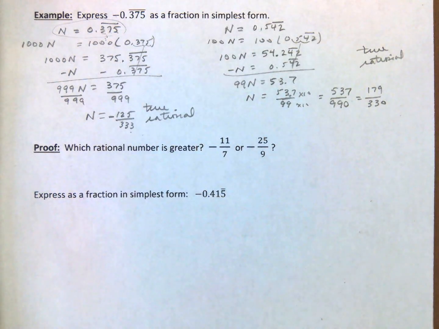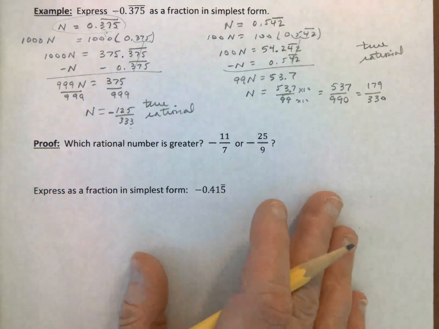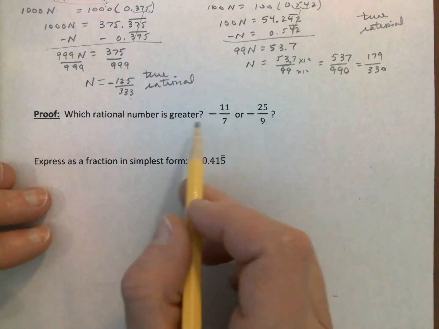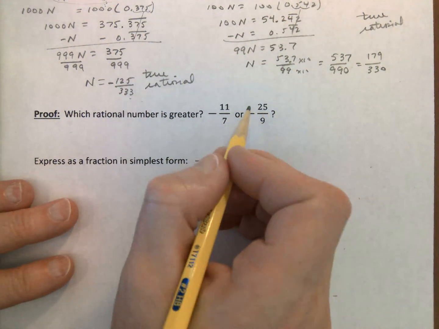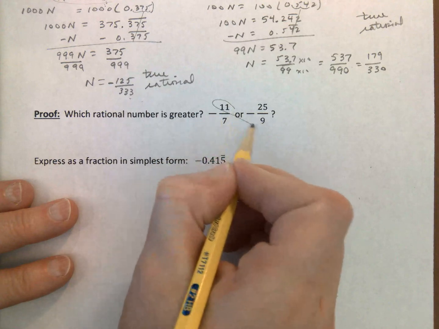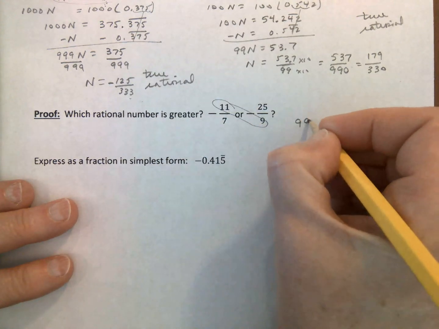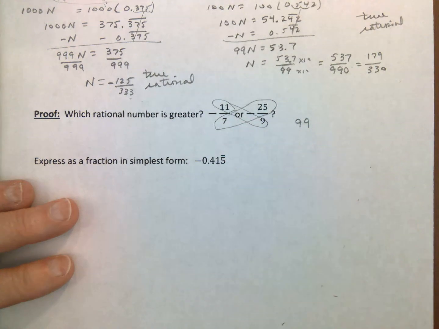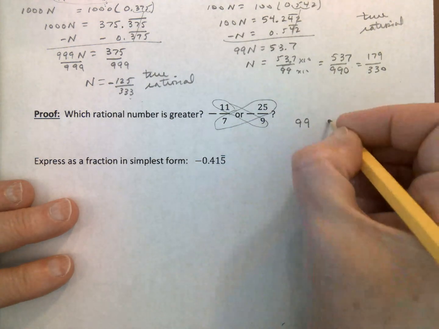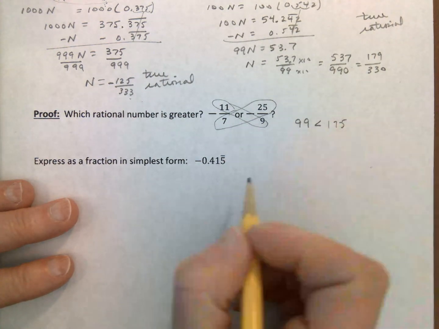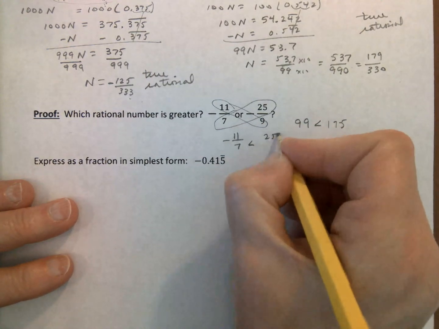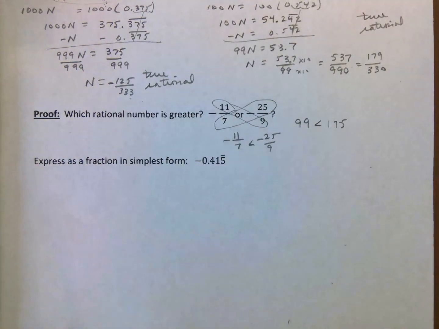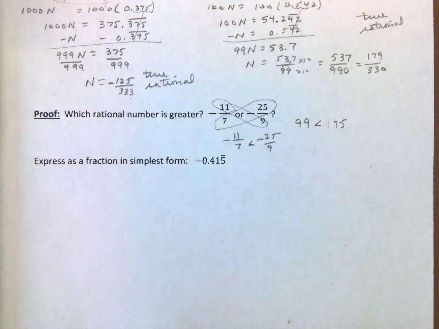All right, so let's look at our proof now. We want to know which of these rational numbers is greater. So here's what we're going to do. We're going to multiply those, and we're going to multiply these, and it goes like this. So that tells me that negative 11/7 is less than negative 25/9.